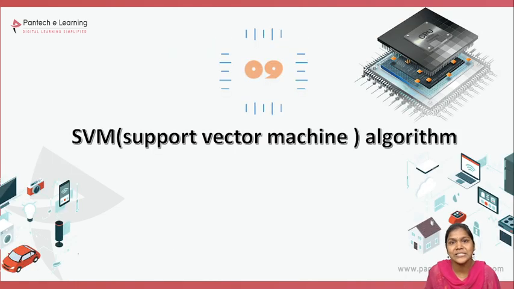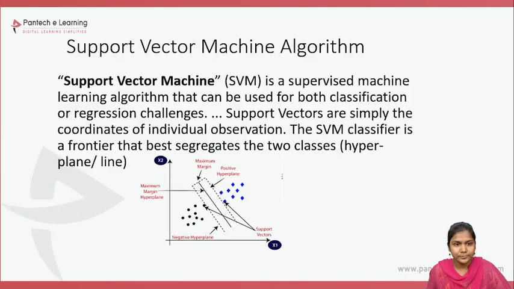The 9th day session is under the caption SVM, Support Vector Machine Algorithm. What is this algorithm? Why has it come into existence? What is so special about it? Support Vector Machine is a supervised machine learning algorithm that can be used for both classification and regression challenges.